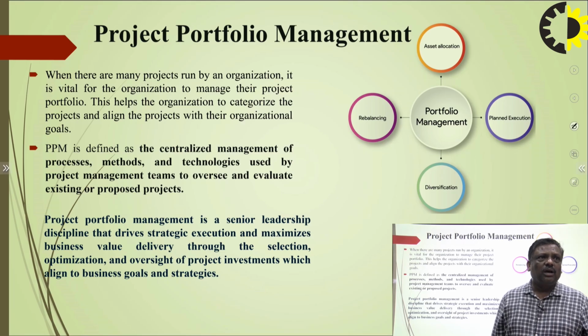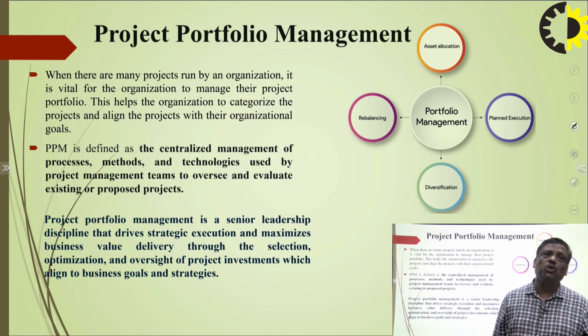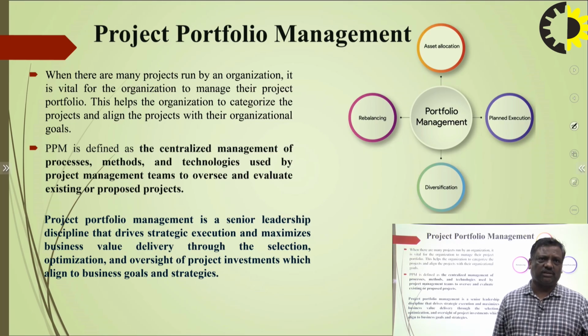But how to manage them? It is the manager's responsibility to manage these projects overall. This helps the organization to categorize the projects and align them with organizational goals. That means we set the priorities. The manager sets the priorities of the projects and applies efforts accordingly.